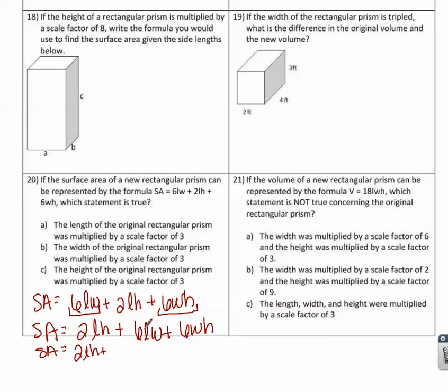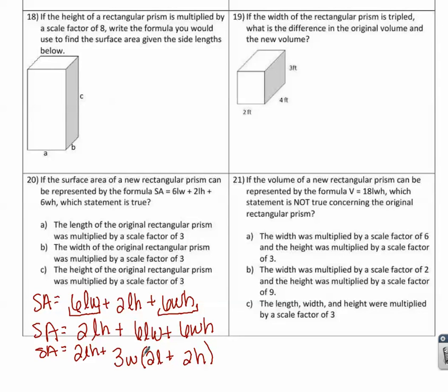So in order to keep these at a 2, you're only taking out a 3, and then they both have a W, so you take out a W, put parentheses on the outside, and that leaves you with 6 divided by 3 is 2. Okay, you took out the W, so it just left you with the length. 6 divided by 3 is 2. You took out the W, which leaves you just with height.